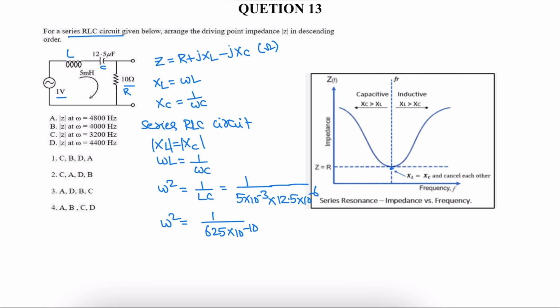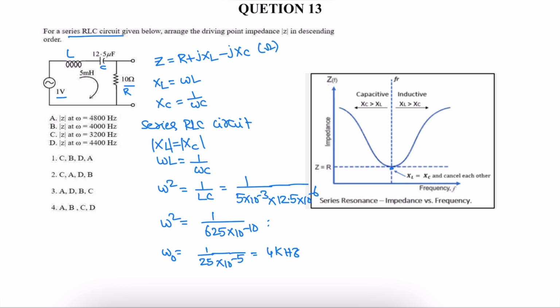This is omega square. So from this, omega is 1 by 25 into 10 power minus 5, that is 10 power 5, 10 cube, 4, 100 by 25, that is 4 kilohertz.